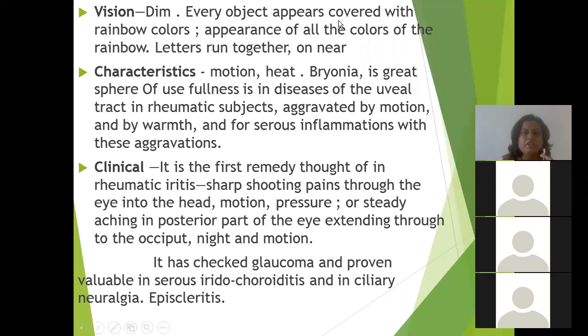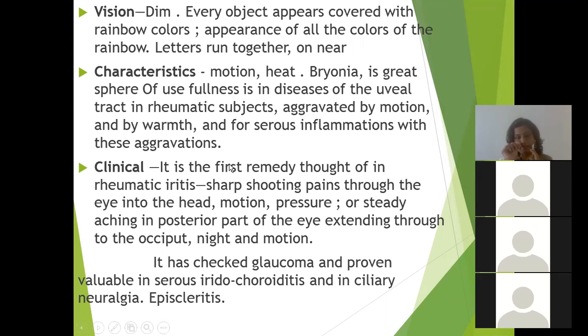Every object appears covered with a rainbow color, an appearance of all the colors of the rainbow later running together. Characteristic is aggravation from motion and heat. Bryonia has a sphere of usefulness in diseases of the uveal tract, in rheumatic subjects, with aggravation from motion and by warmth, and for serous inflammation.